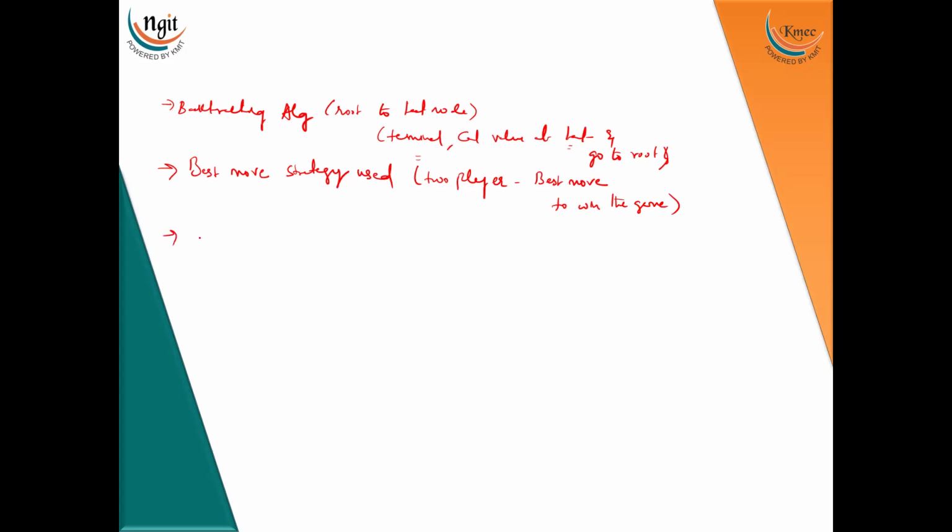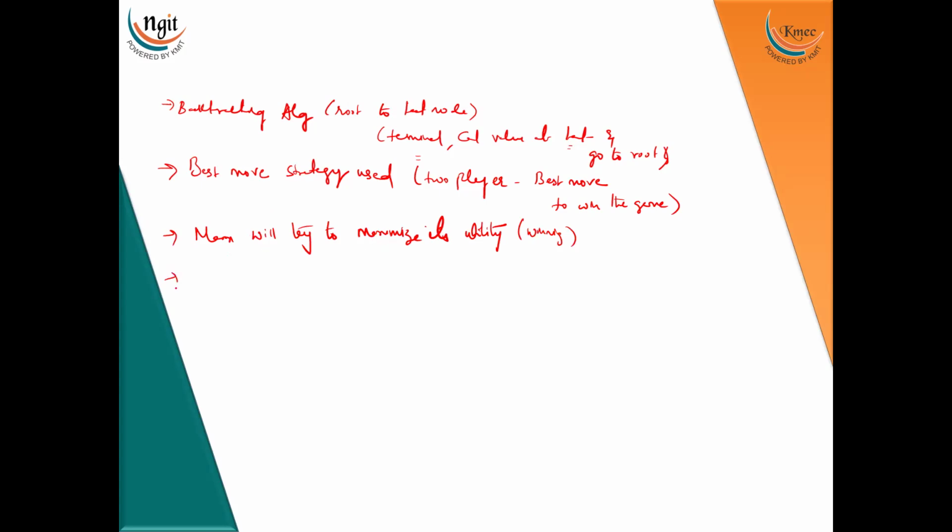Then max will try to maximize its utility. That is, max will always try for winning, which is why it will try to maximize its utility.